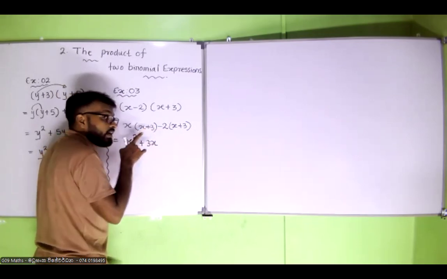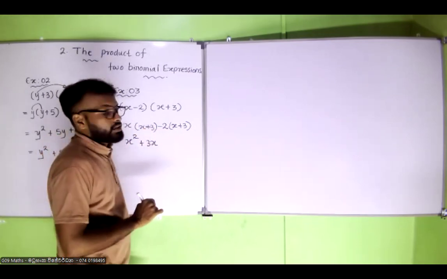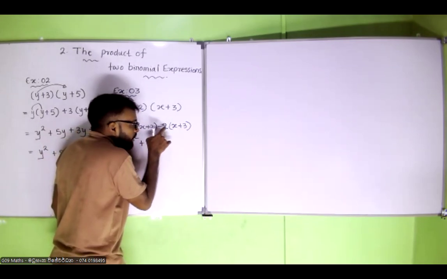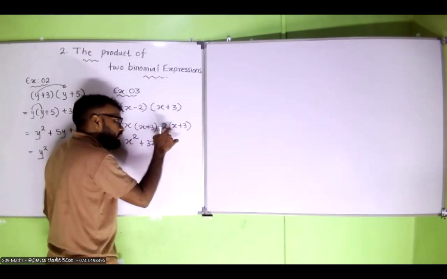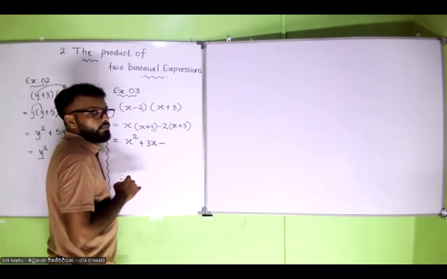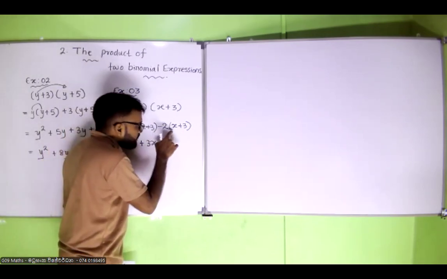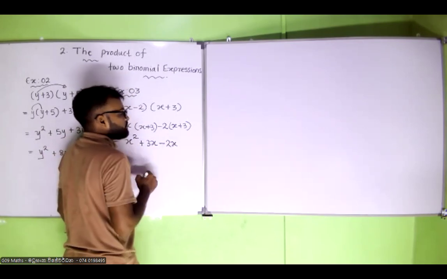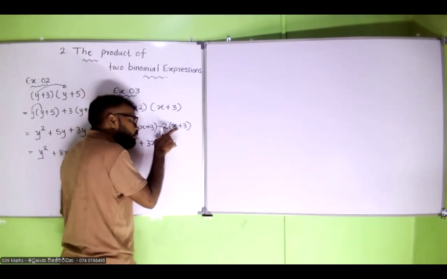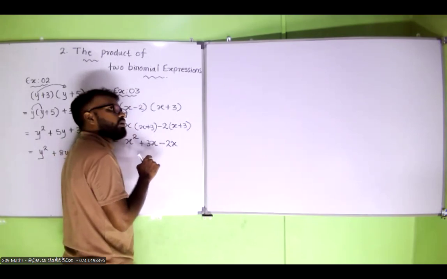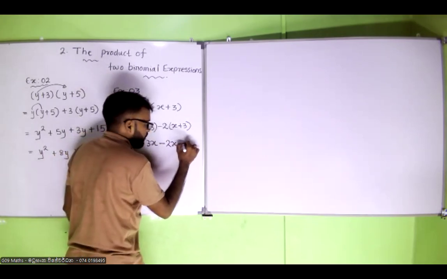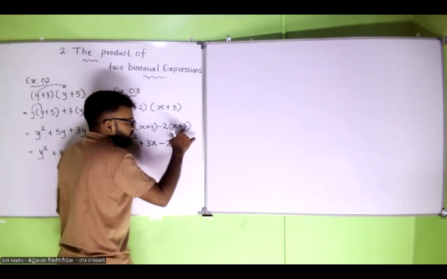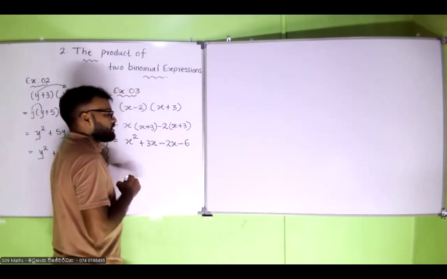Here you have negative, sign conversion. Negative into positive, negative. 2 times x, 2x. Negative into positive, negative. 2 times 3, 6.